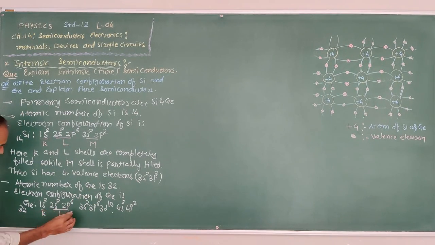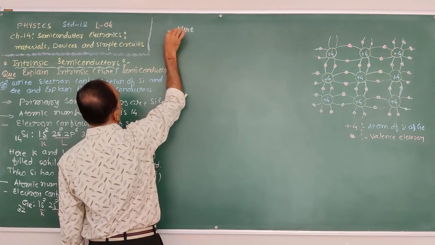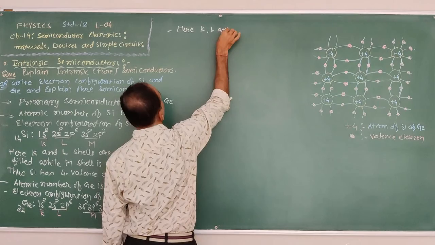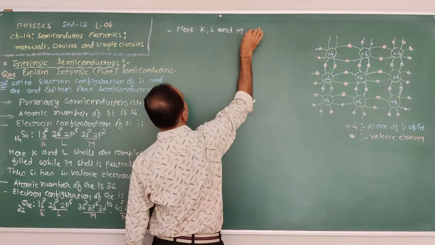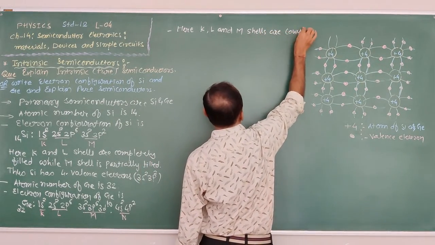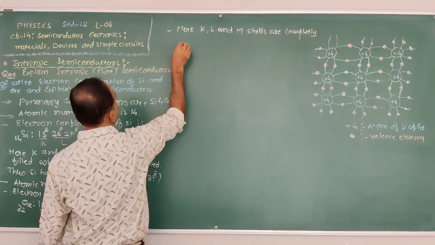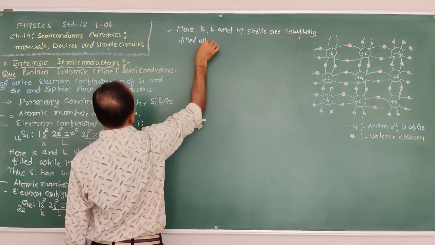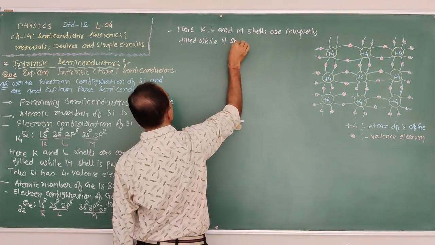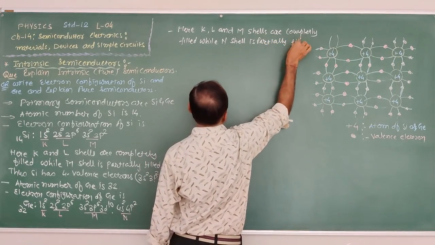So here the K, L, and M shells are completely filled, while the N shell is partially filled.